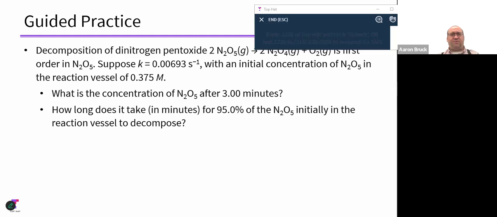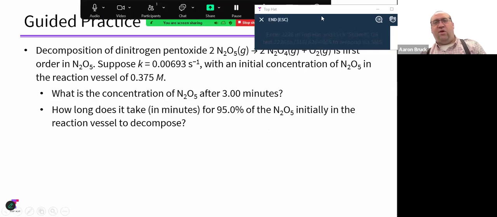Let's take a look at a practice problem here. And then I've got one more for us to try together, and then we're going to call it a week. So we've got the decomposition of N2O5.